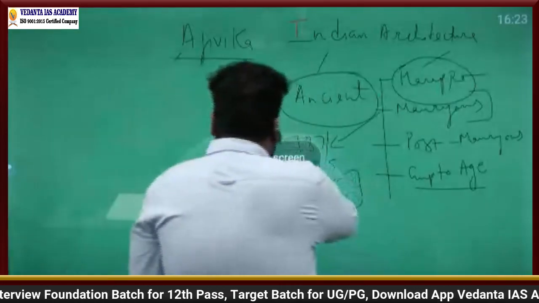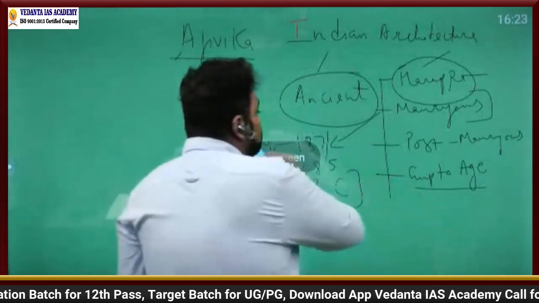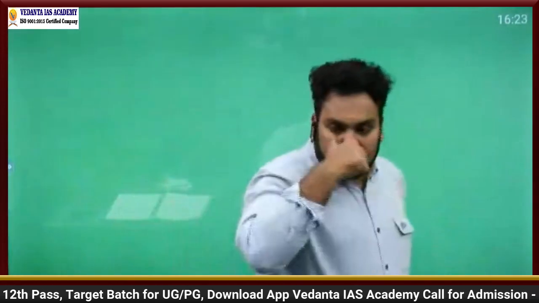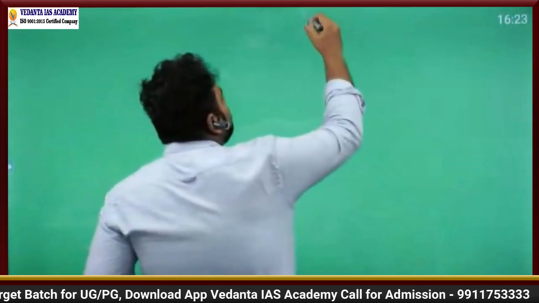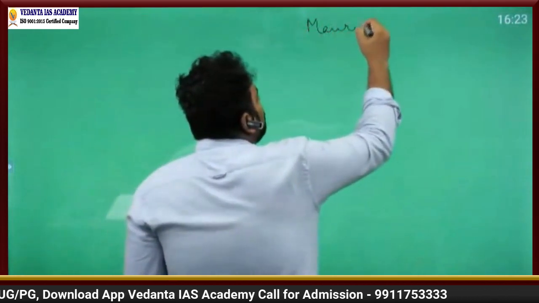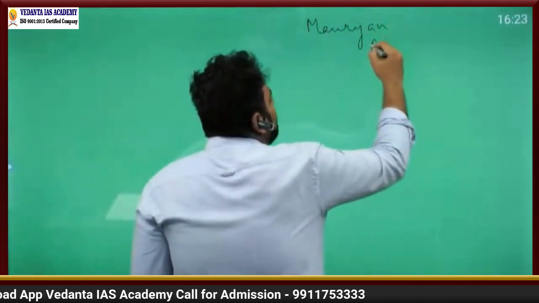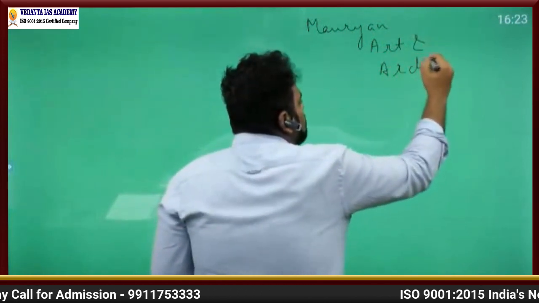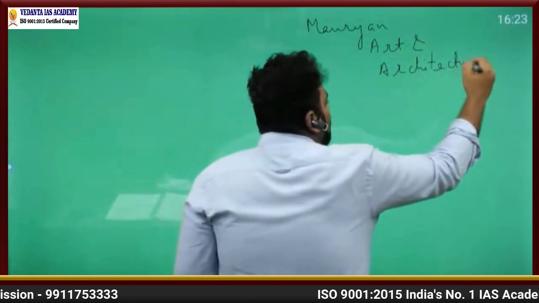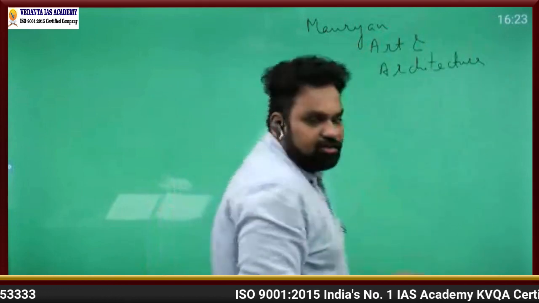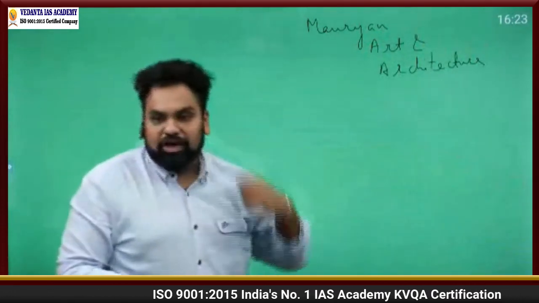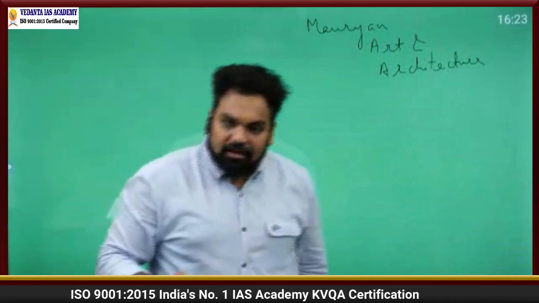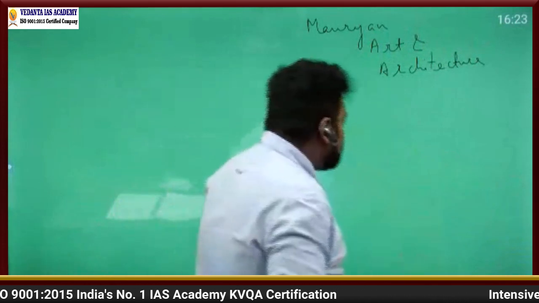Right? Okay. Fine. So we will start off with Mauryan art and architecture. So that is something which we are going to start in today's class. Right? We are going to start that.